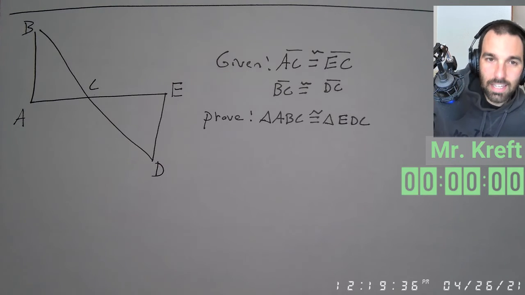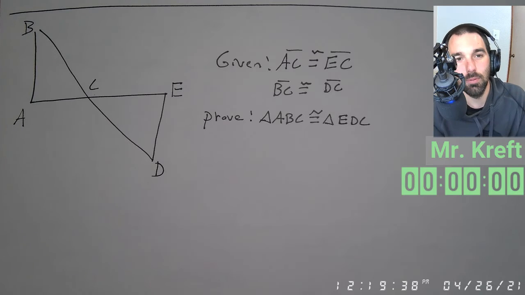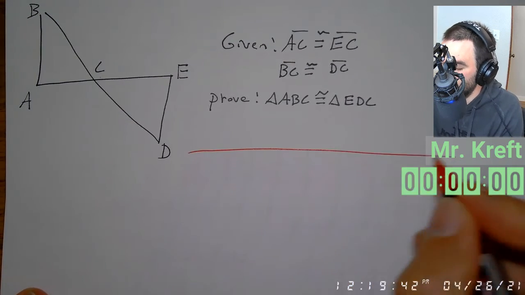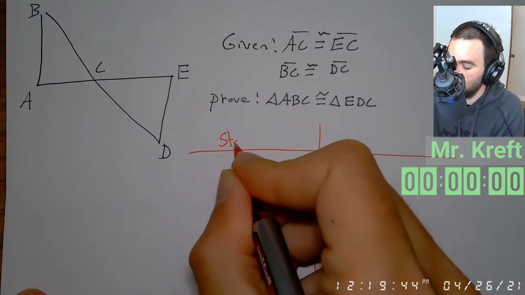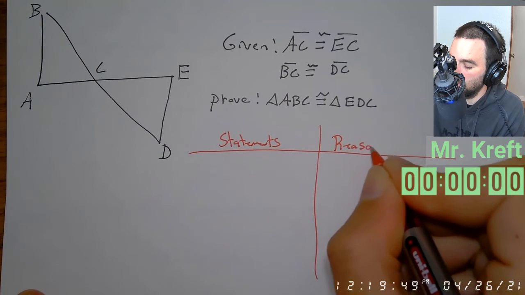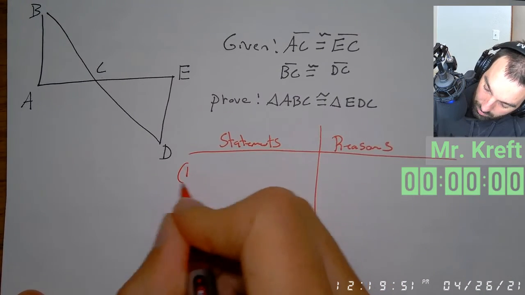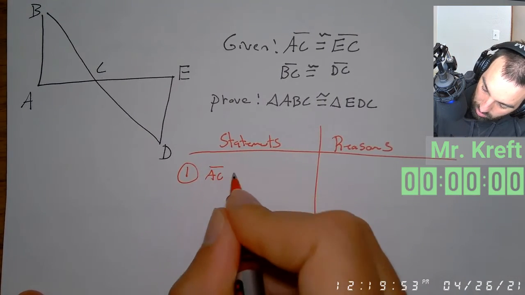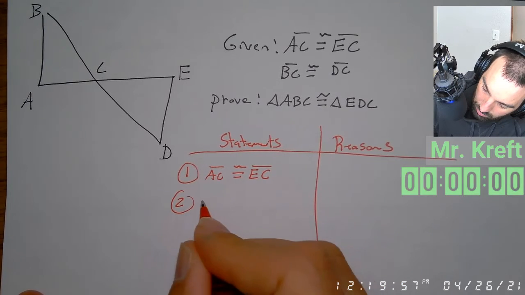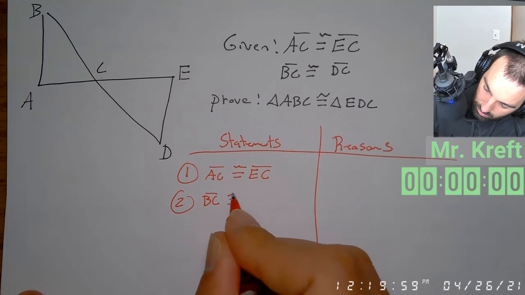All right, let's go ahead, guys, and take a look at this problem. The way that I would do this problem is a 2-column proof where we have statements and reasons. My first statements are always going to be my givens. I'm just going to copy paste, so I don't have to do too much thought here.